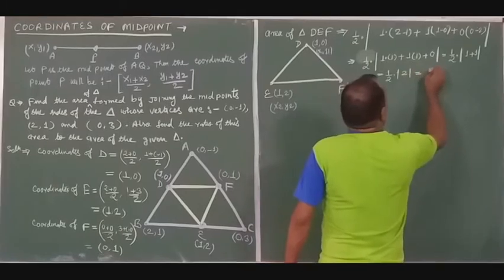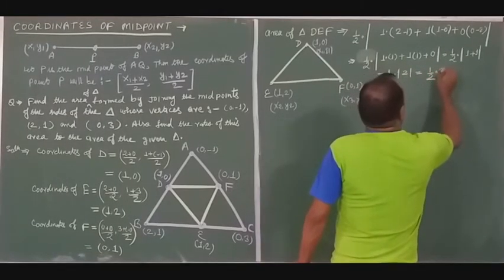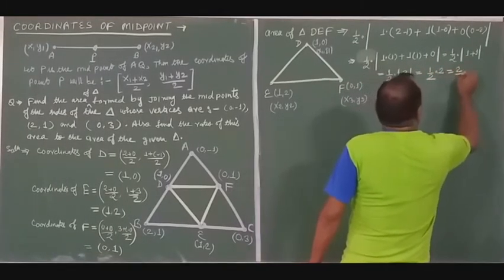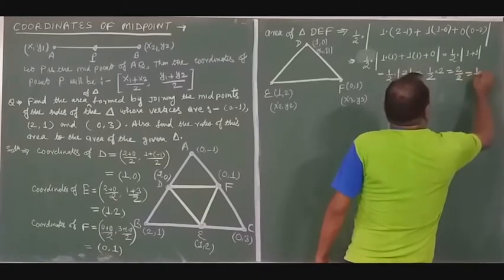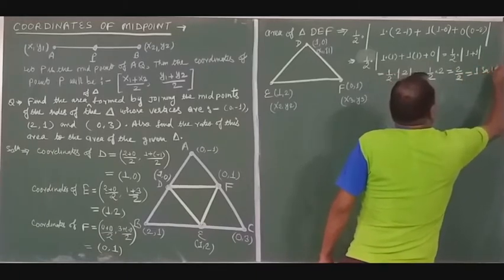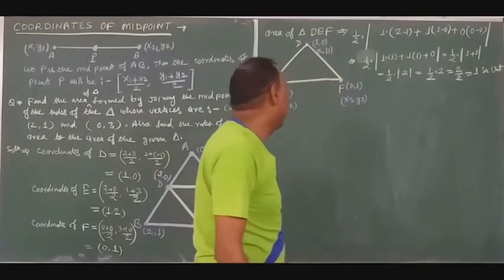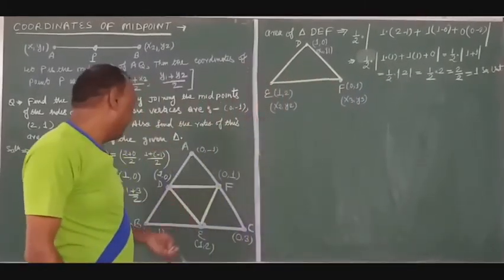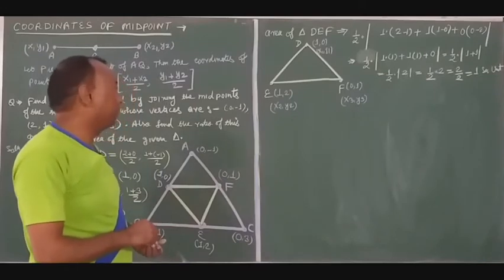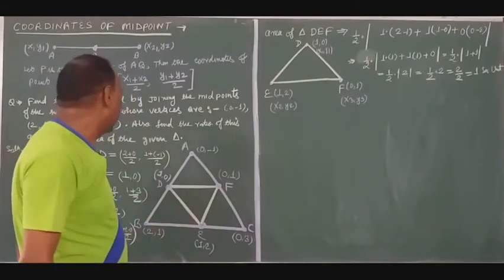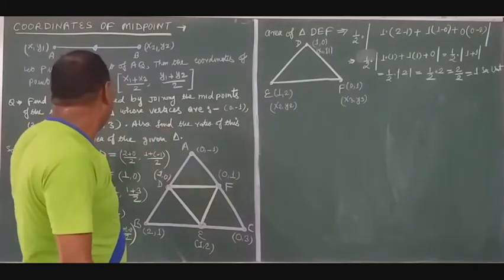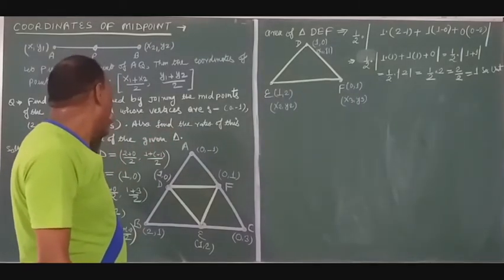When this mod opens, this will become 2/2, that is 1 square unit. 1 square unit is the area of triangle DEF.